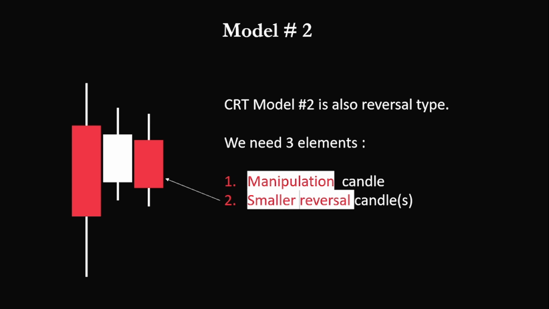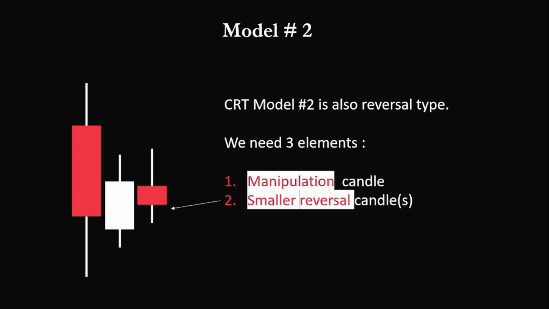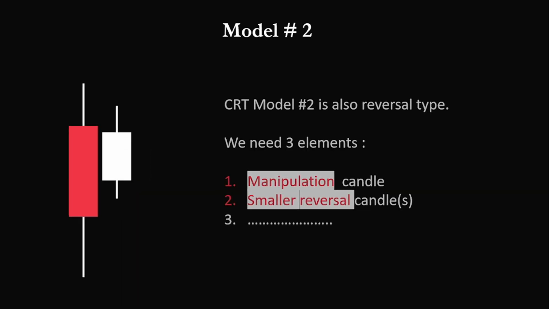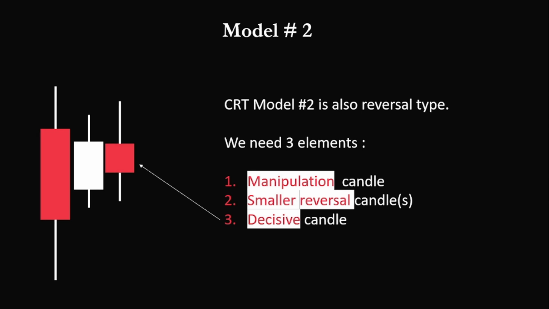It could be more than one candle, or this is for the long position. And the last one, we need the decisive candle. The decisive candle is actually our last manipulation candle, which decides the reversal.